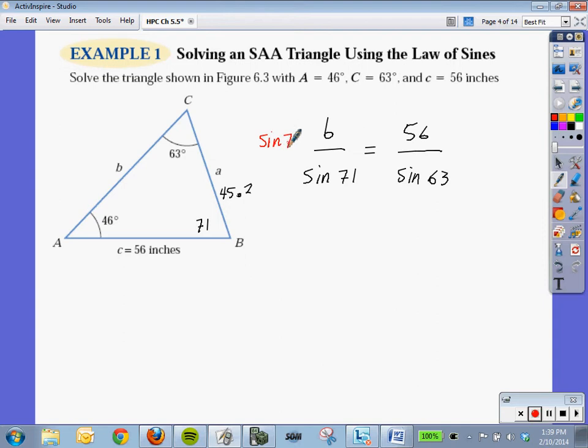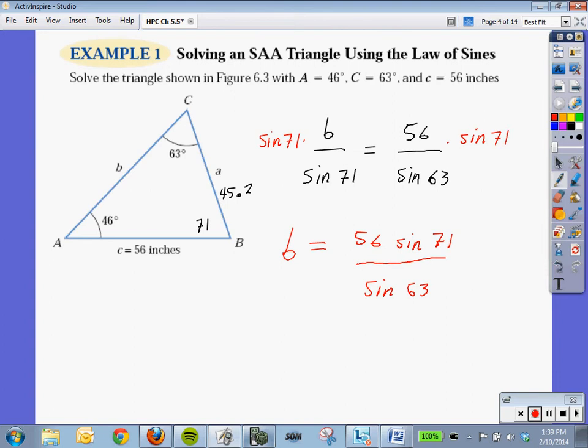All right. So we're going to multiply both sides by the sine of 71. And that will give us b is equal to 56 times the sine of 71 divided by the sine of 63.